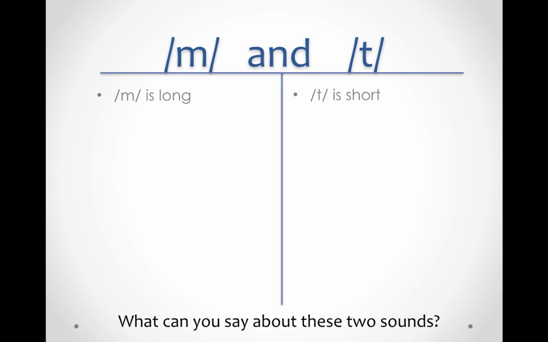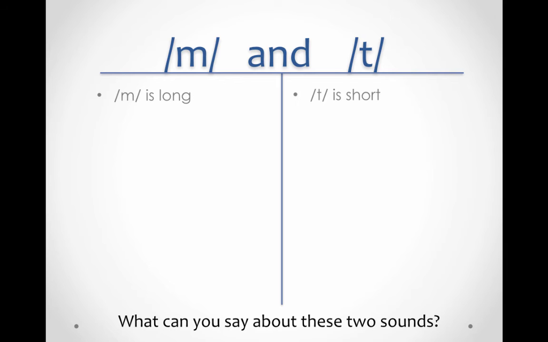You might probably say, oh well, m is long and t is short. As you can see, this is not really academic or professional. One of the ways that we can add this metalanguage or professional language about language is by studying our own body.